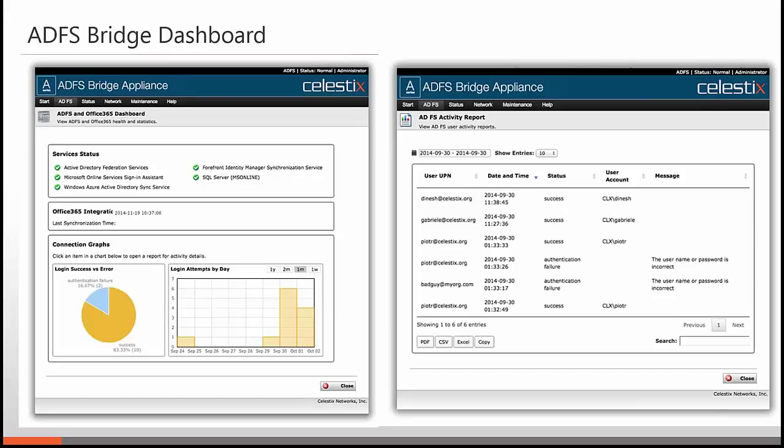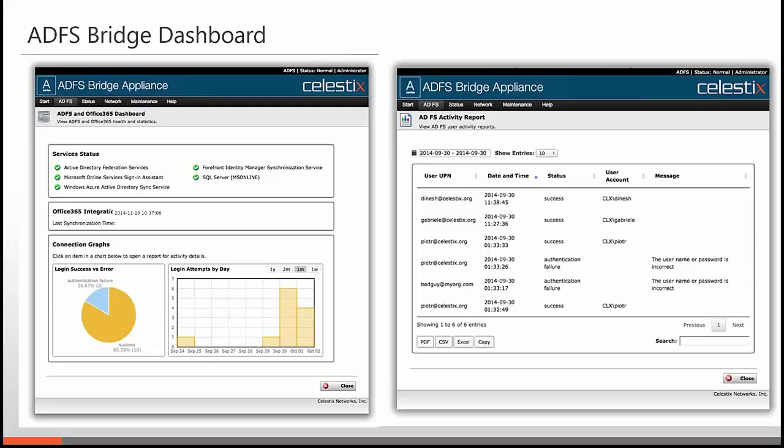One of the quick factors of health is whether our identity synchronization process is working correctly for Office 365. And from a connection perspective, I want to make sure everything is running well. Are users having some issues authenticating? Maybe it's something we need to explore, so we can get ahead of some of those trends. If we have issues with users, maybe we need to do some education, or perhaps there's an actual underlying issue we need to resolve.